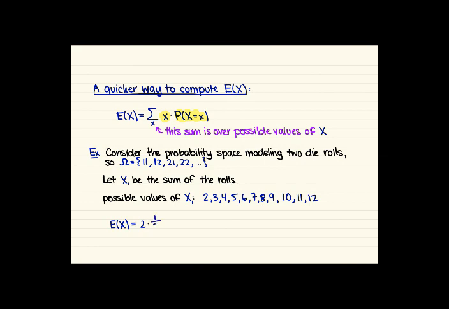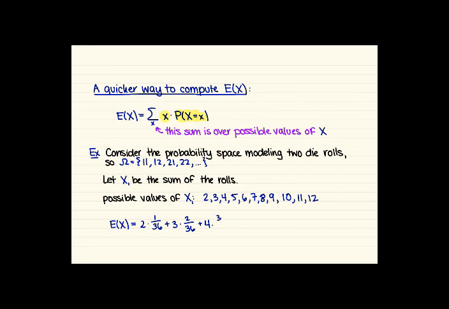So that's going to be 1 over 36, plus 3 times the probability that we get 3. The different ways that we can get 3 are 1 plus 2 or 2 plus 1. So we've got 2 over 36 there, plus 4 times the probability that we get 4, where the possibilities are 3 plus 1, 1 plus 3, and 2 plus 2.